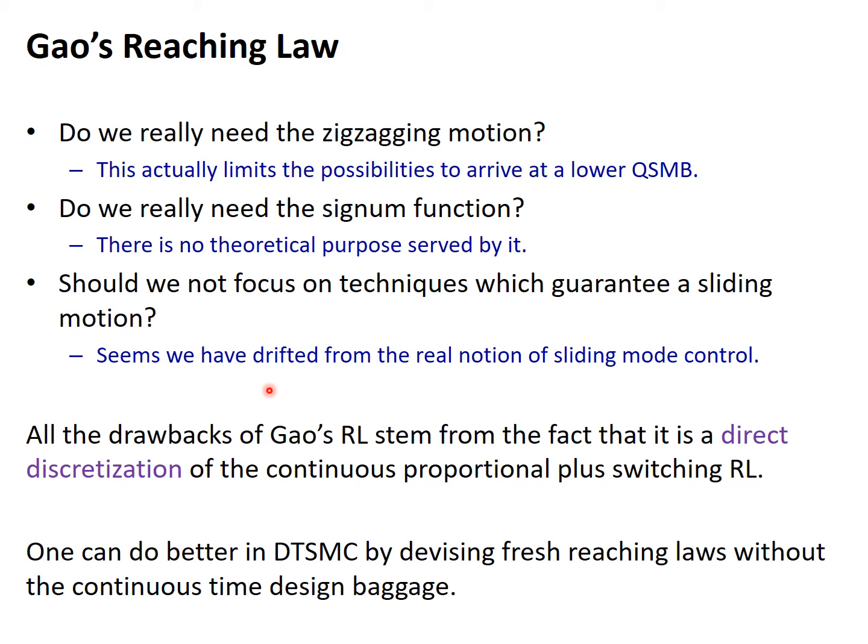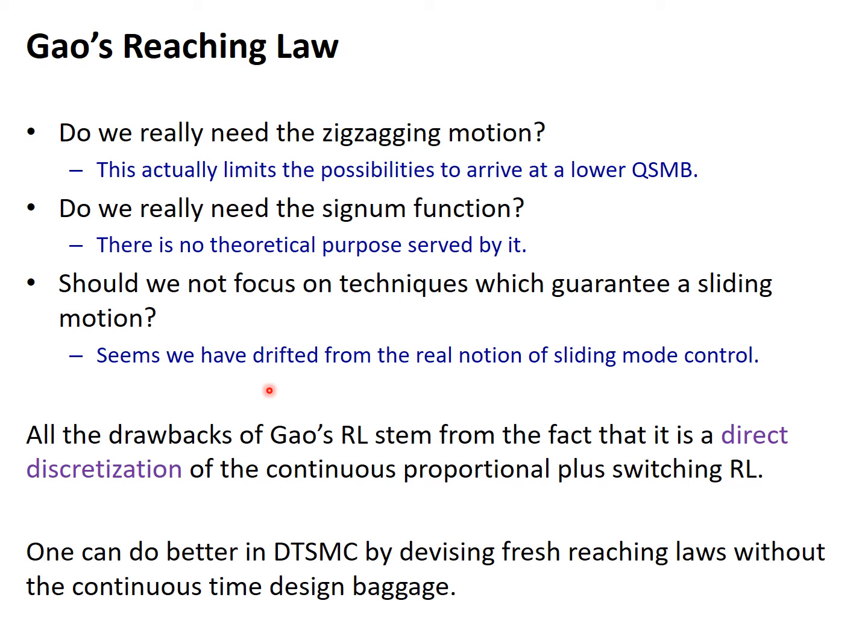The signum function was the one which actually imparted the robustness, but here it is not serving that purpose. We are not having any robustness. So why unnecessarily keep the signum function?